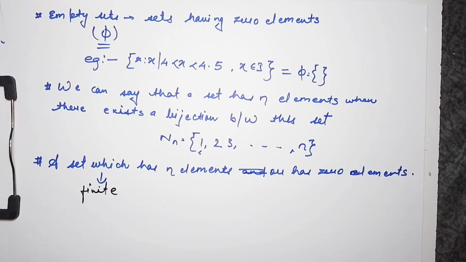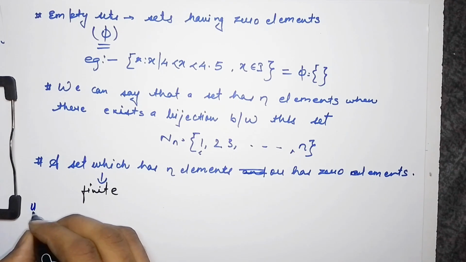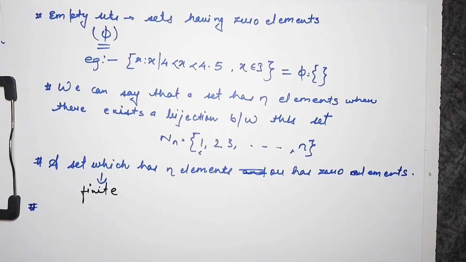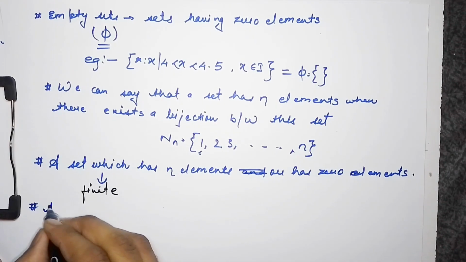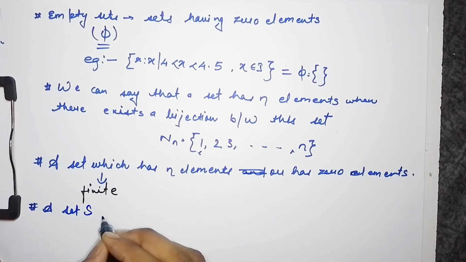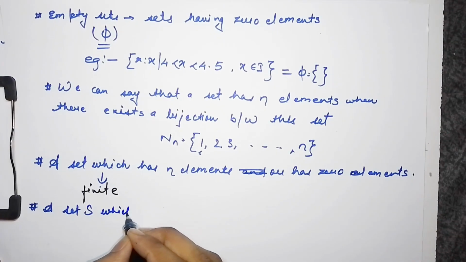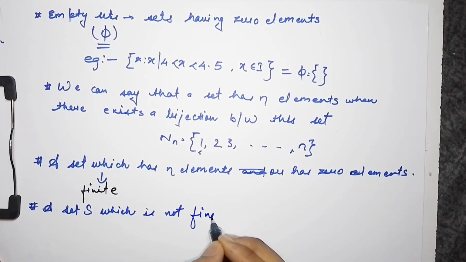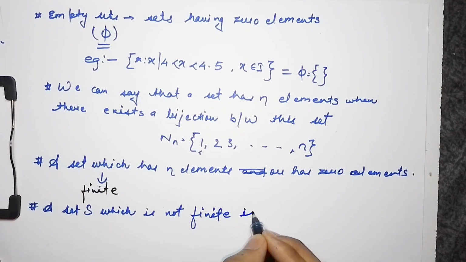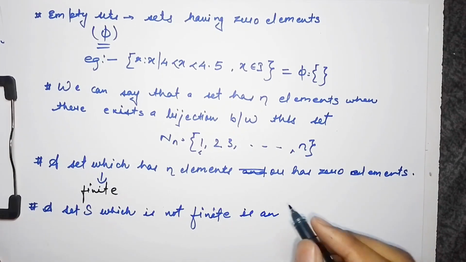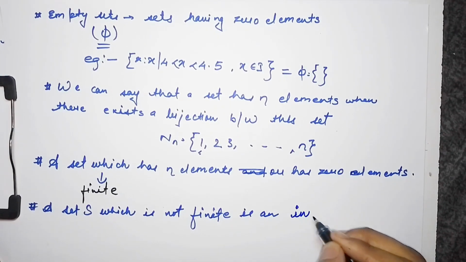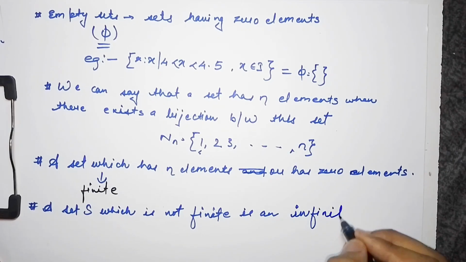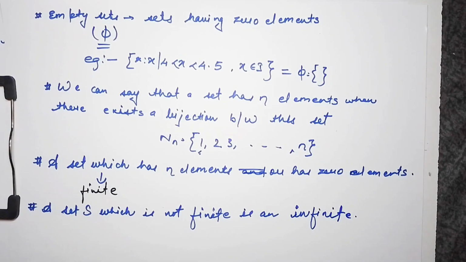Now let's move on to the definition of an infinite set. So what is an infinite set? A set S which is not finite is an infinite set. Now what does this mean? This simply means that suppose there is a set S. There is no way that we can say that this particular set has n elements.